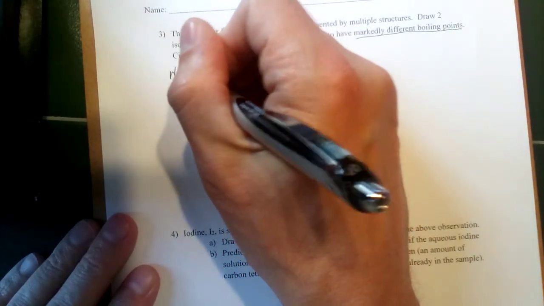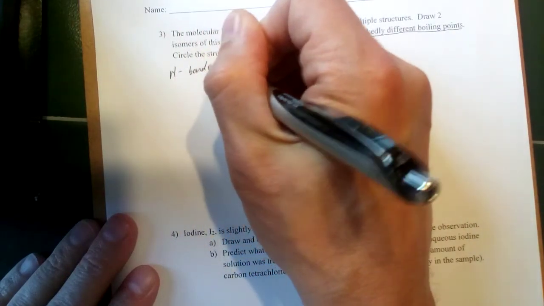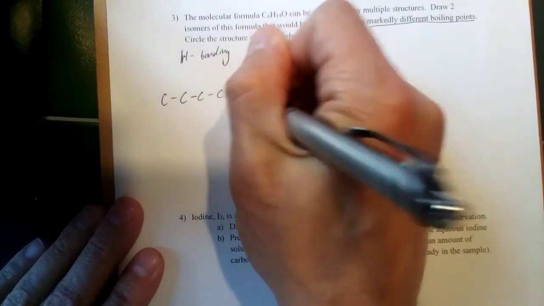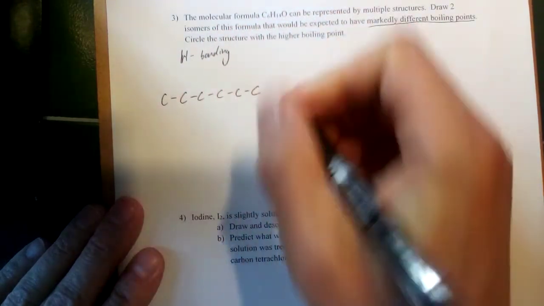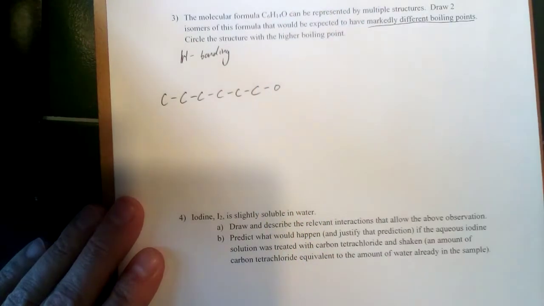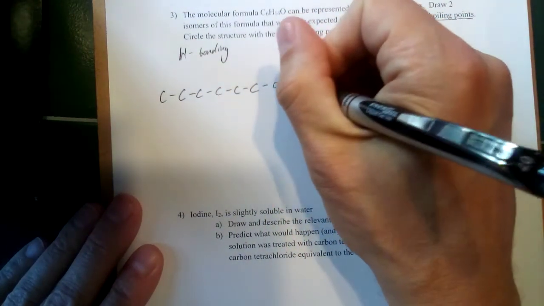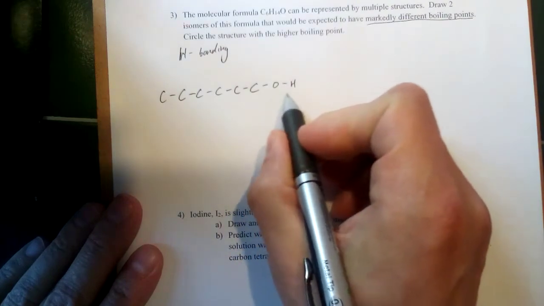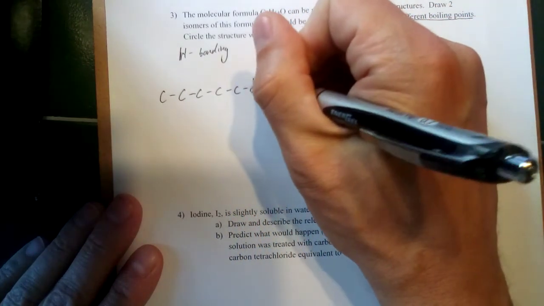We'll draw one molecule that can have hydrogen bonding interactions. In that case, we'll just connect all the carbons, 6 carbons, and then we'll put the oxygen on the end of that chain so we can put a hydrogen there. That part of the molecule will mean there's hydrogen bonding.